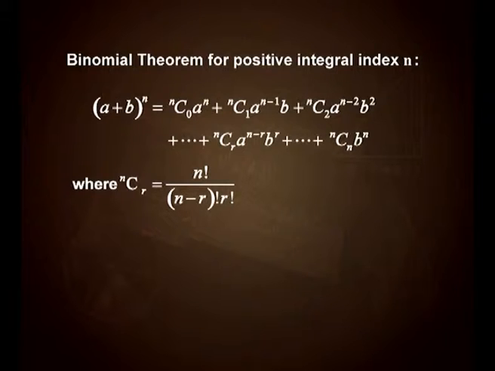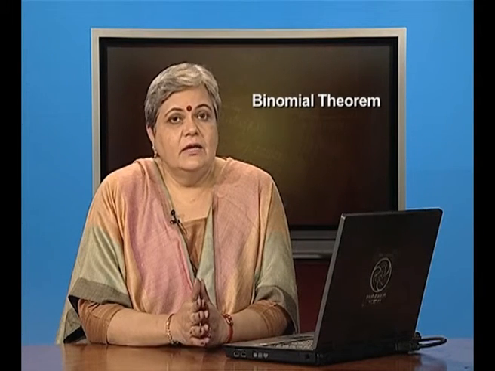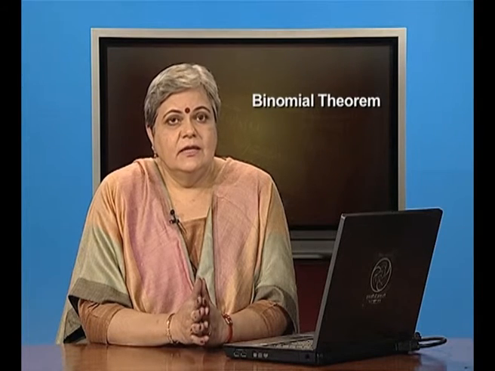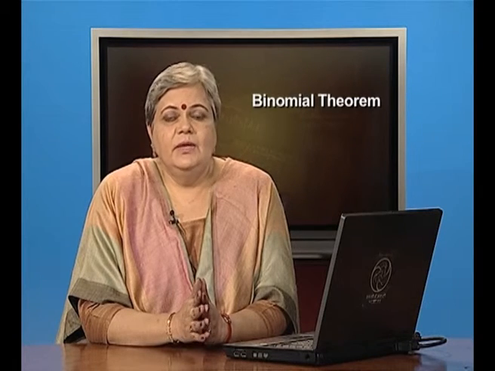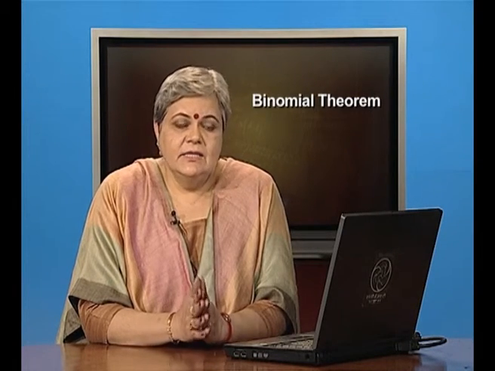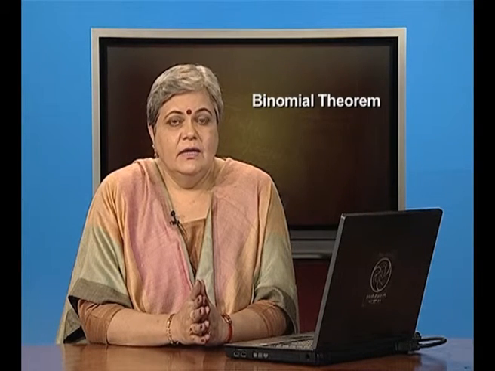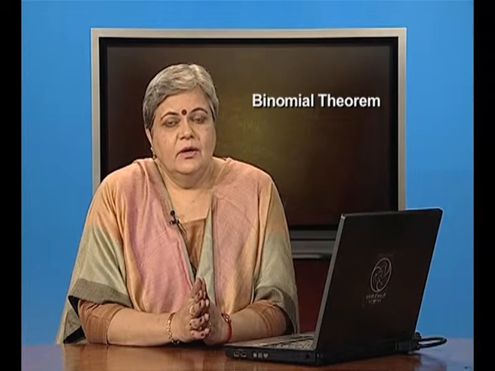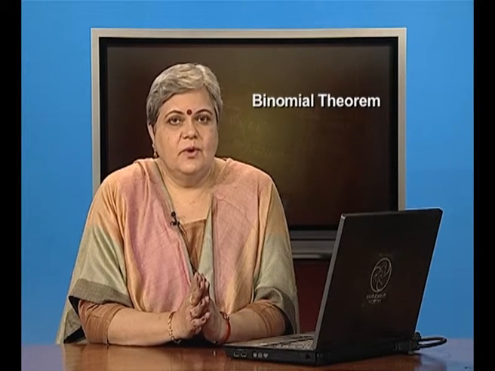We have talked about this theorem and we understood in the last lesson that if the index is n, there are going to be n plus 1 terms in the expansion. nCr a^(n-r) b^r is the general term which is in the position of r plus 1.